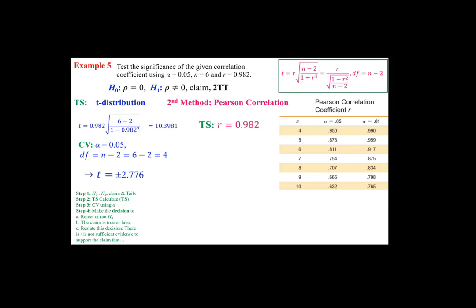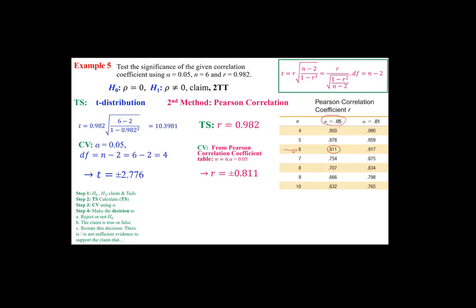Alpha is 0.05, so look at the alpha 0.05 column. Then what about n? n is 6. So look at number 6 as your n, look at your alpha, and therefore the answer is 0.811.